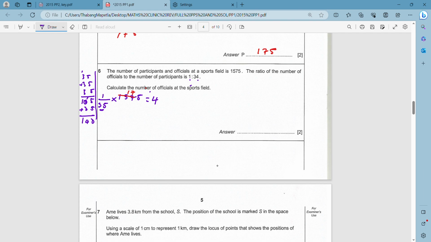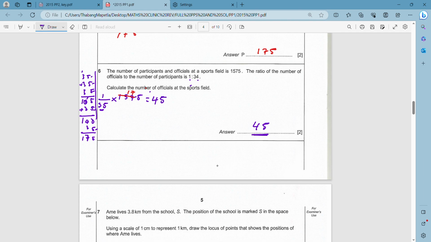We can say plus 35 to see how much you're going to get. So 0 plus 5 is a 5, 4 plus 3 is a 7, then carry 1 down. So it has arrived at 175 that we were looking for. So how many 35s do we have here? We have 1, 2, 3, 4, 5. Then this implies that we have 45 officials.